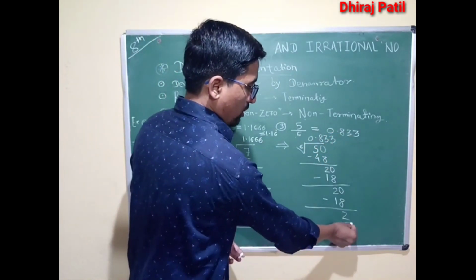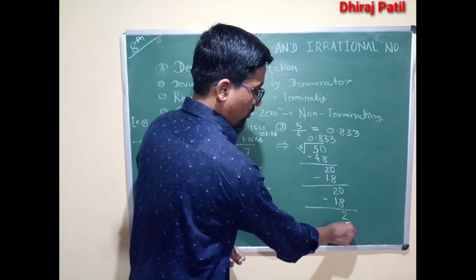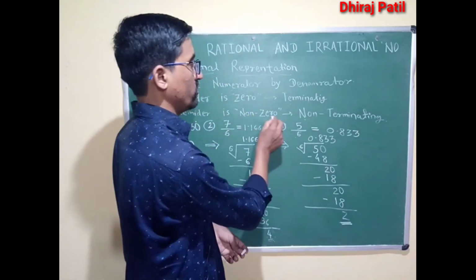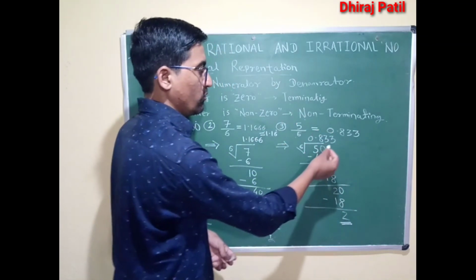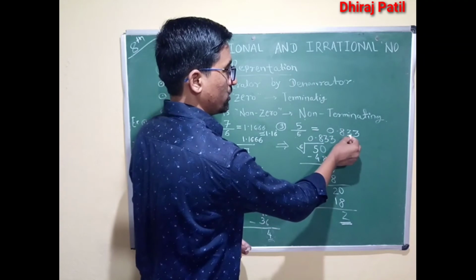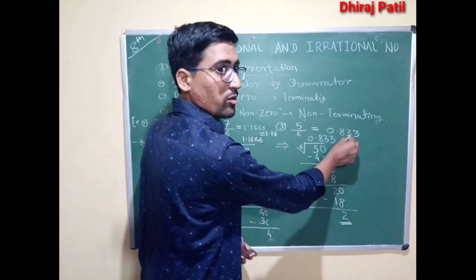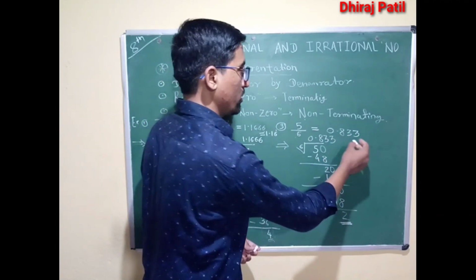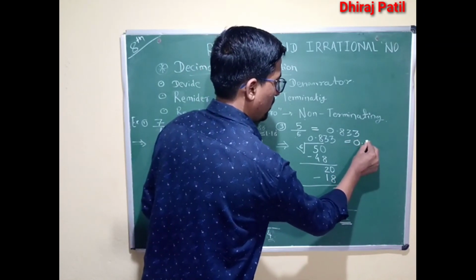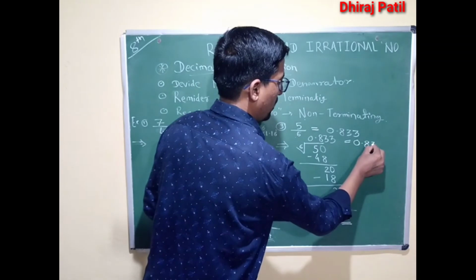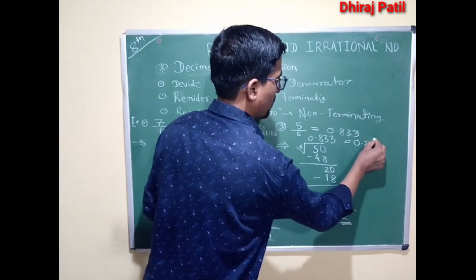Here also our remainder is 2, so it is non-zero, which means it is non-terminating form. So we write 0.8333. Here also 3 is repeating again and again, so we write it in a simple way: 0.83 and put a dot on the 3.